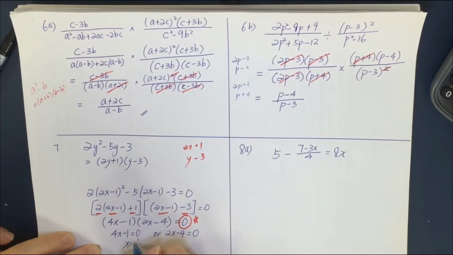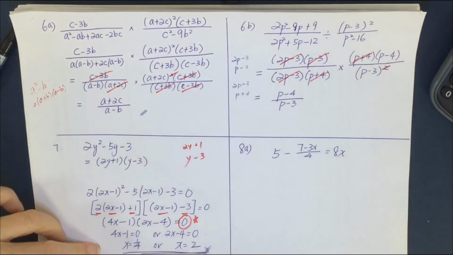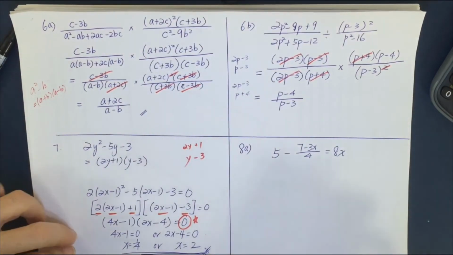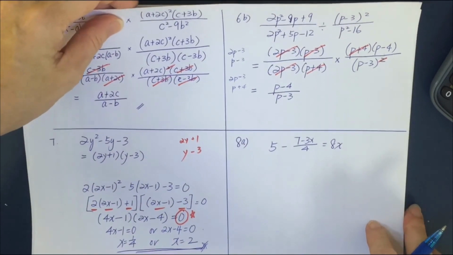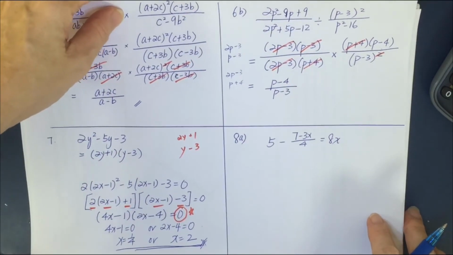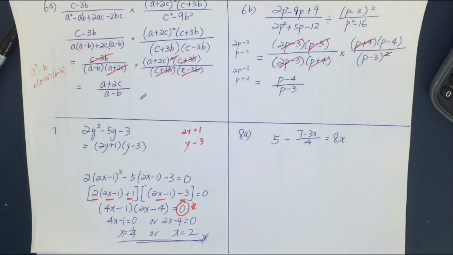So x is either a quarter or x equals 2. So these two are our answers. Can you see? Is it clear on the screen? Okay. Next one.